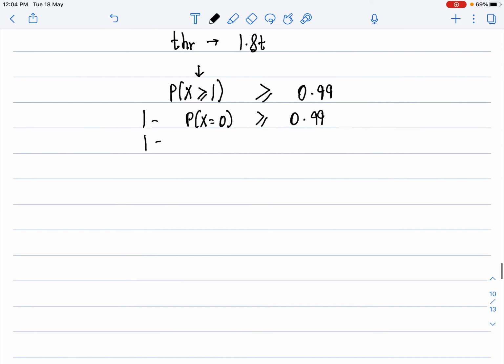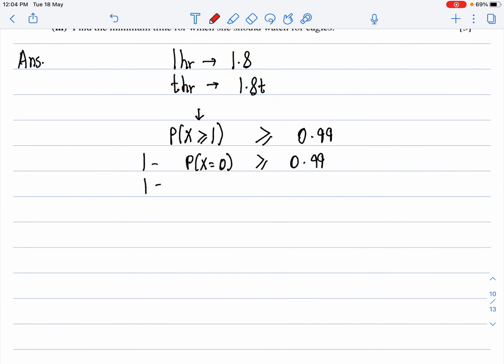And I know my formula is simply e raised to minus lambda into lambda raised to x over x factorial. So using this formula, I can write this as e raised to minus 1.8t into 1.8t raised to 0 over 0 factorial, which will basically just give me e raised to minus 1.8t.